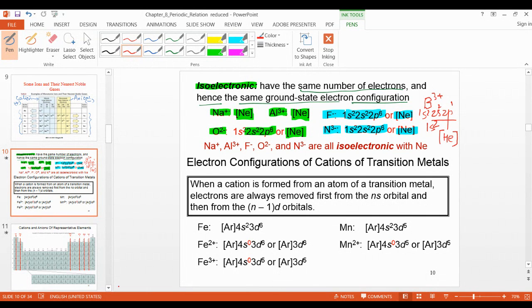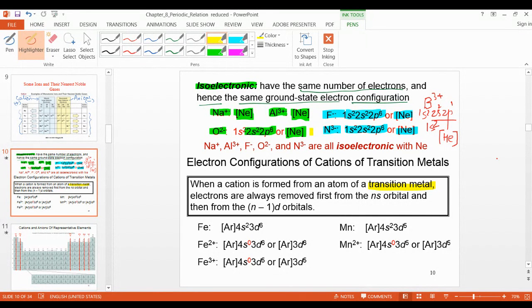Okay, so these are very good examples and please go through this. You will always get a question in the exam. Now, when the cation is formed from an atom of a transition metal, this is specific now, remember that. In the previous part, I already explained cations only from pure metals, group 1, group 2. But if the cations are formed from transition metals, you have to use this concept. What is this concept?